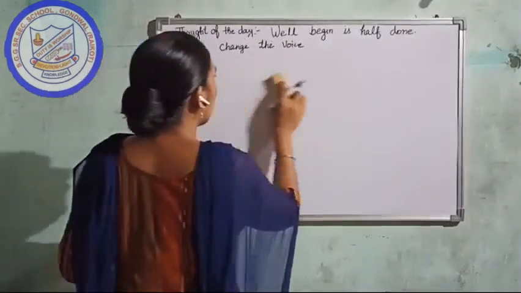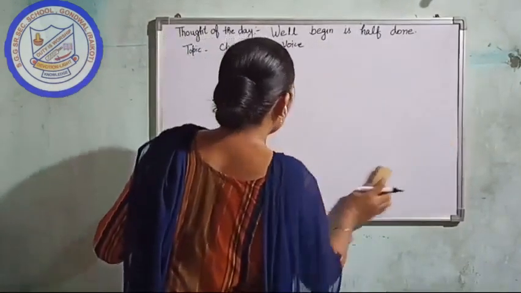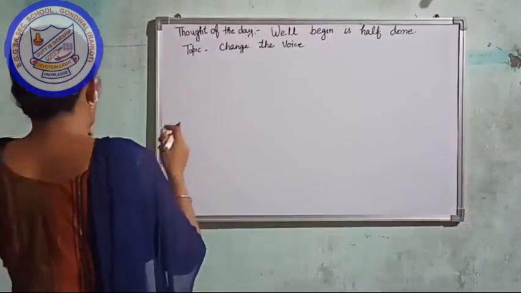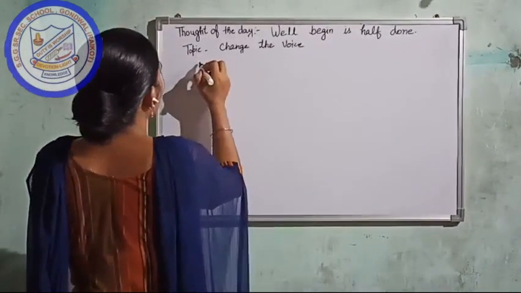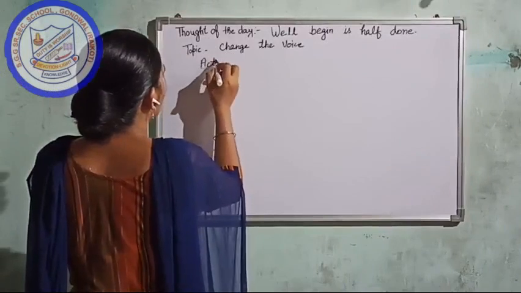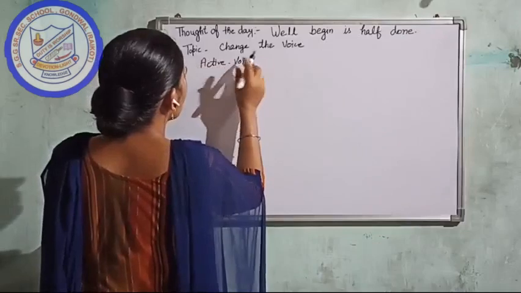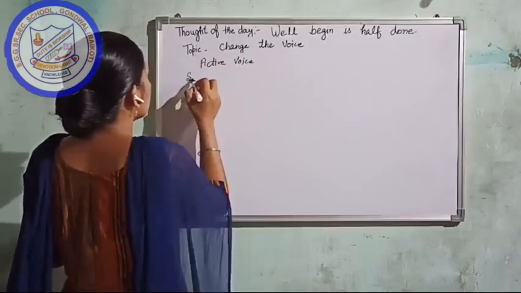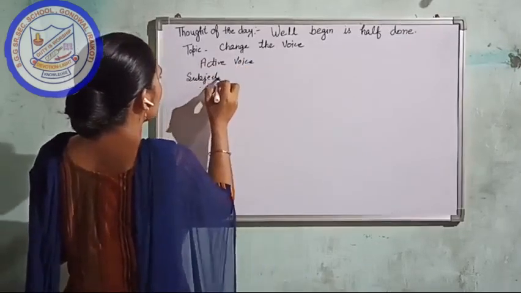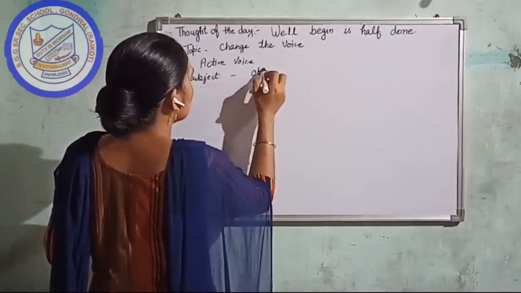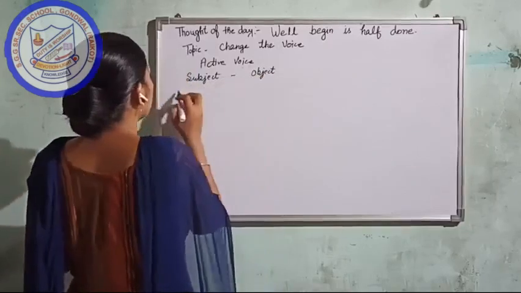Now, I will tell you the list of pronouns which is used in active and passive voice, and how they work in active voice and passive voice. In active voice, they are working as subjects, while in passive voice, they will take place of object.